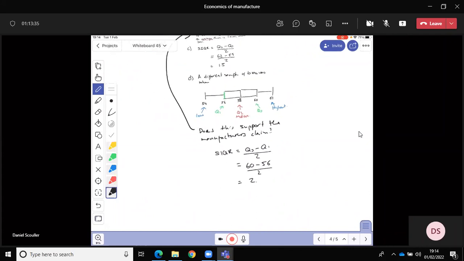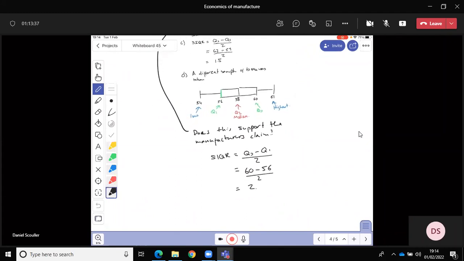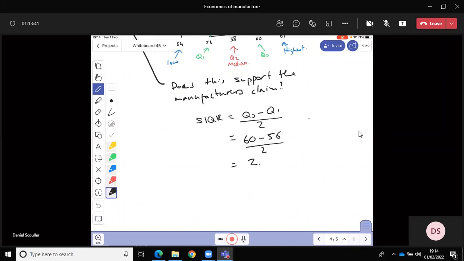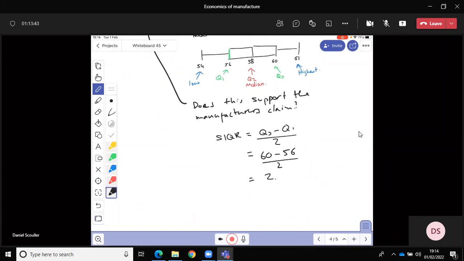So in the second grouping, the second sample, it's actually more spread out because the semi-interquartile range is higher. So it's less consistent, it's more spread.